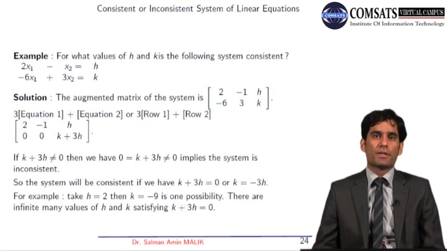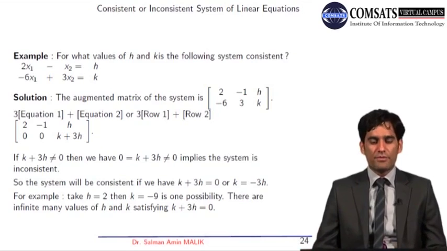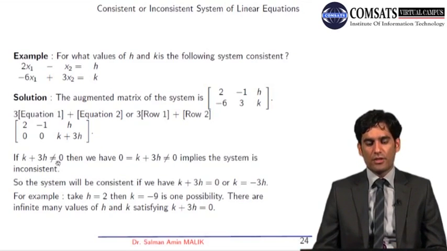Once again, I am going to repeat it: if k plus 3h is not equal to 0, then we have an equation, some non-zero number equals 0, which is not true. So the system of linear equations will be inconsistent.